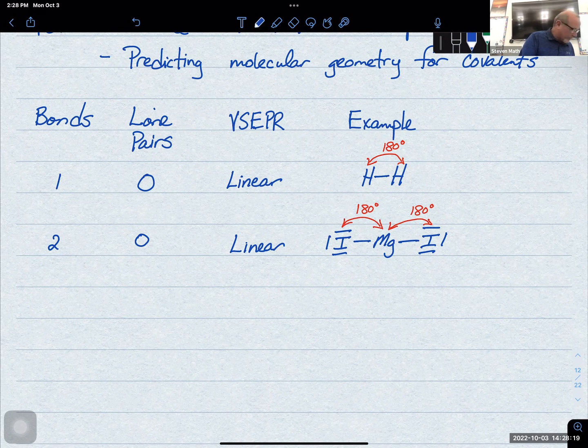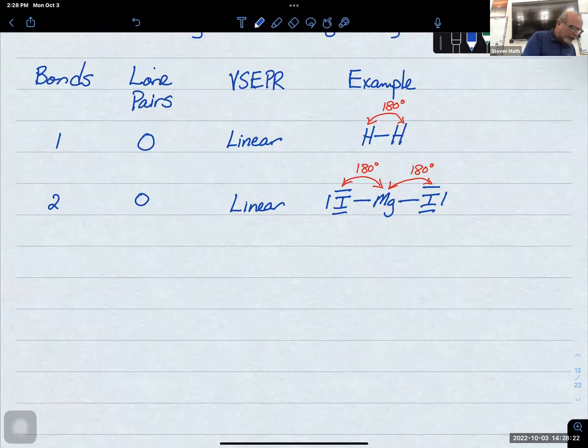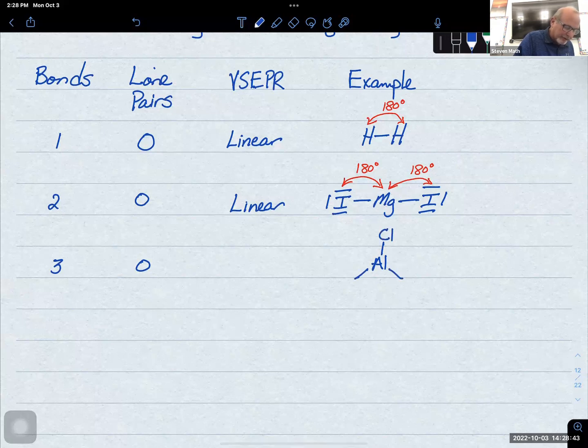Now, what happens when we go to 3 bonds and 0 lone pairs? No lone pairs yet. Lone pairs are going to change things. This is going to be something like aluminum, and we're going to use chlorine in this case. I have 3 of them, AlCl3.